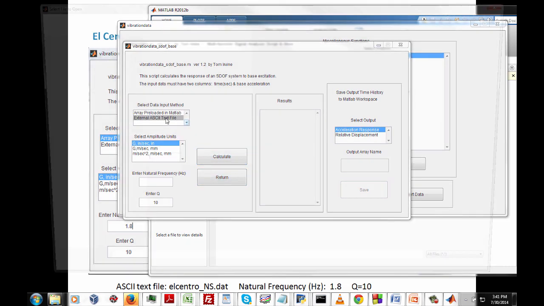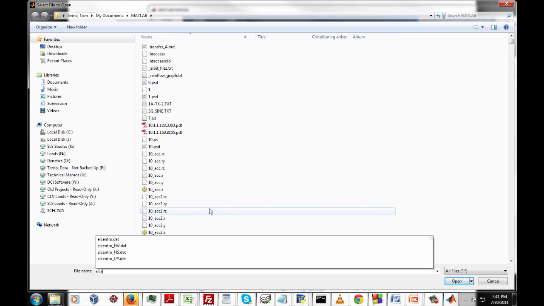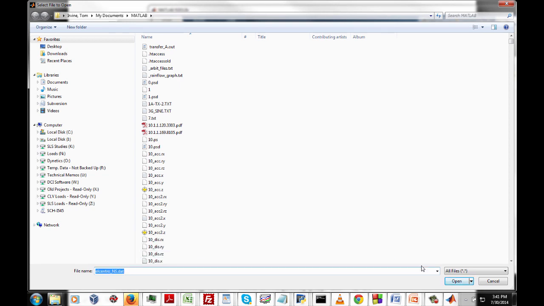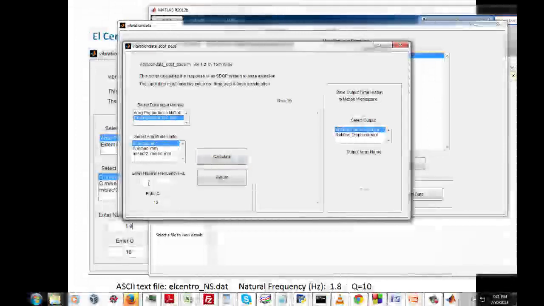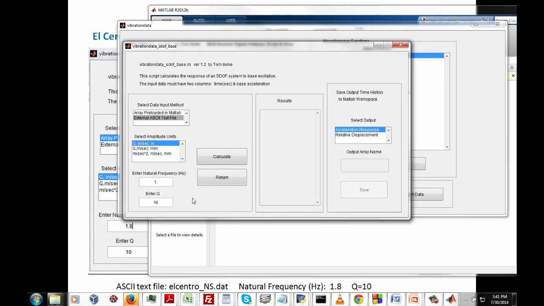It'll be an external ASCII file, El Centro underscore ns.dat, that's the north-south component. We'll have English units. And just for our hypothetical building that has a natural frequency of 1.8 hertz, we'll type in that frequency and let's calculate what the responses will be.